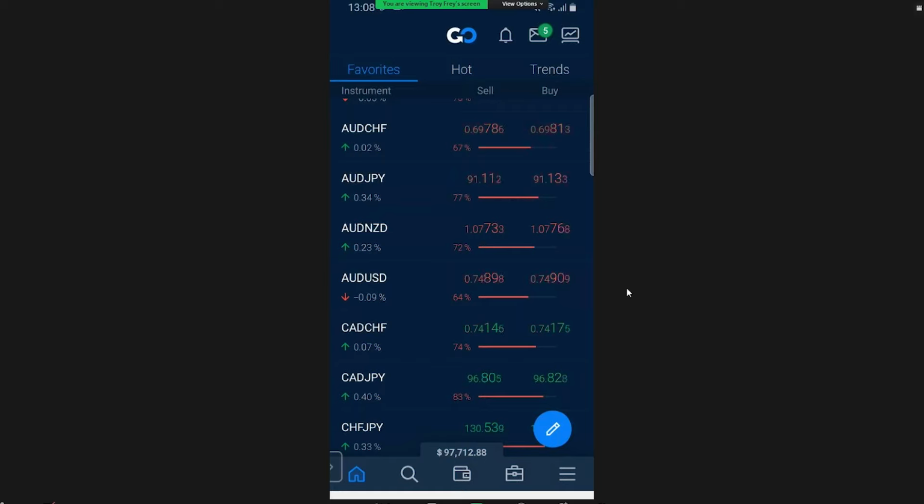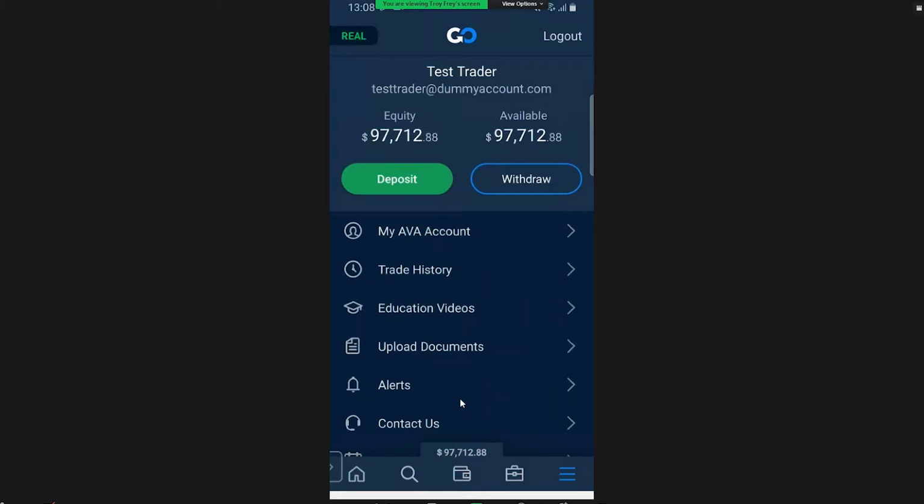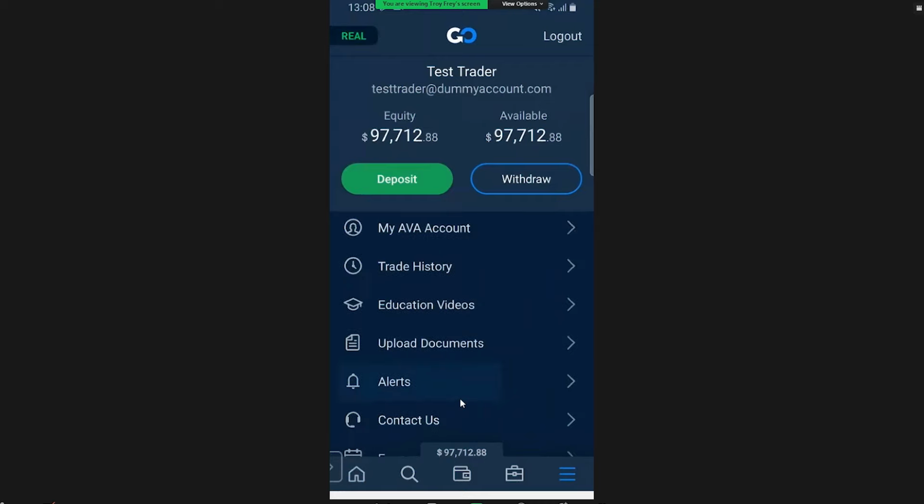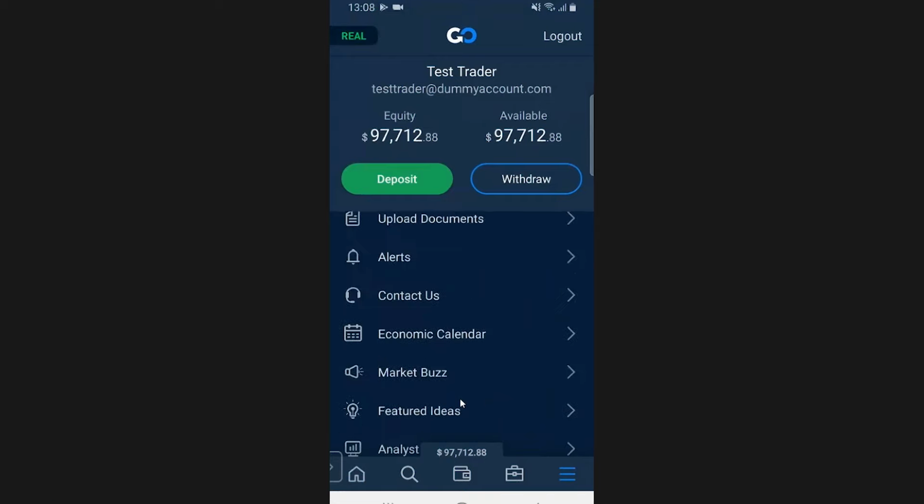What you'll see is you're able to trade on both your MT4 and MT5 accounts using this app. So it's a very cool system to be able to use with all of these tools on your MetaTrader accounts. Now, if I click on this tab here, it brings up a menu that has, among other things, some advanced features that you can use.